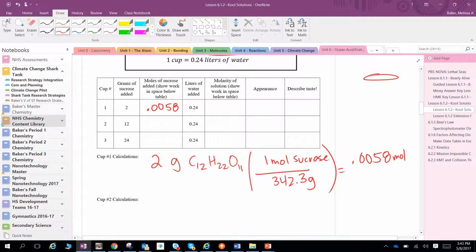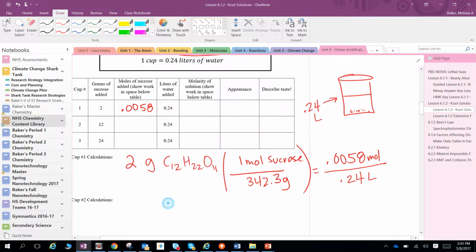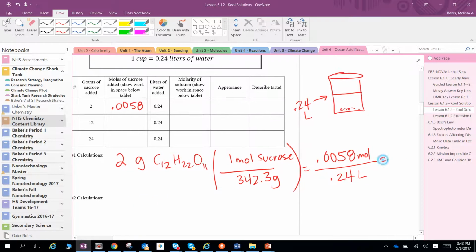Then, each cup had a line on it, and so we would add the sugar to the bottom, and then we would fill to the line. And the lines were measured out so that that was at the 0.24 liters mark, which is also 1 cup. And so for molarity, moles divided by liters, if we take our 0.0058 and divide by the 0.24, we get a molarity of 0.024.